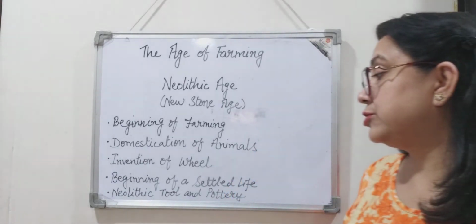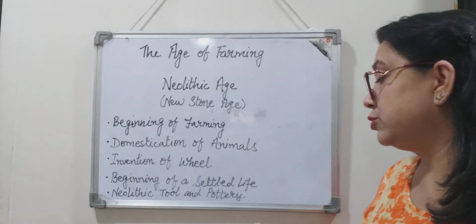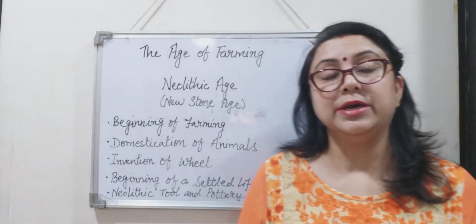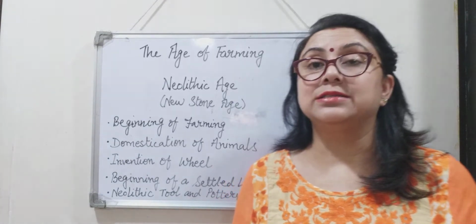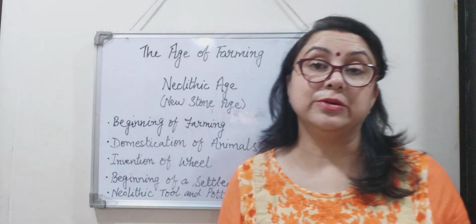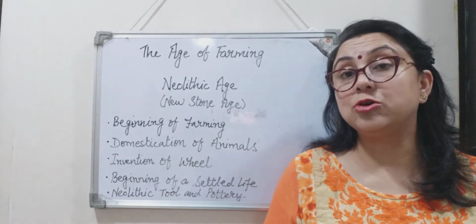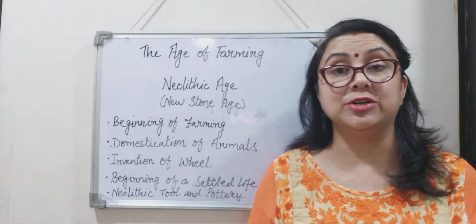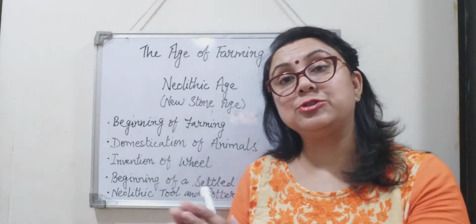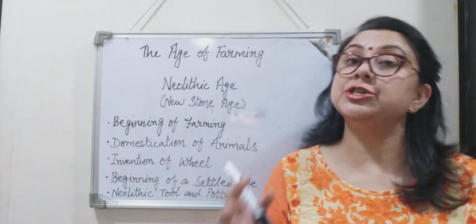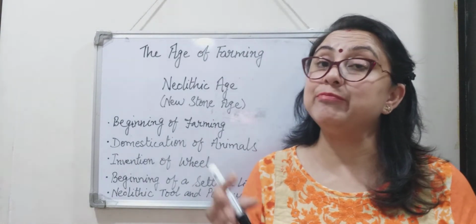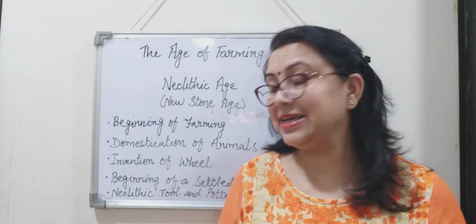And we also talked about Neolithic tools and pottery. We discussed that Neolithic tools were much better in quality. They were polished, they were sharper as compared to the tools which early man made during the Paleolithic age, right?